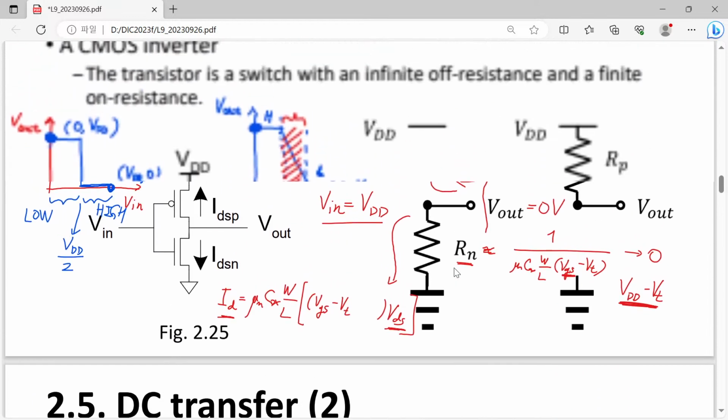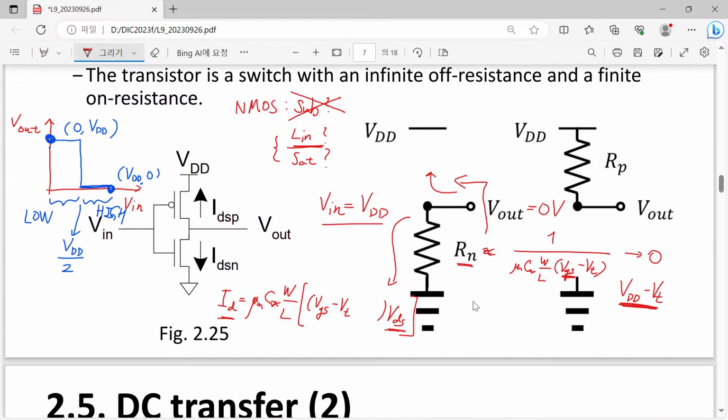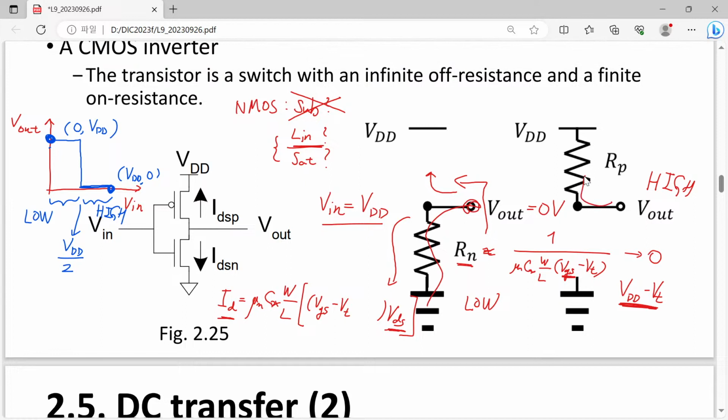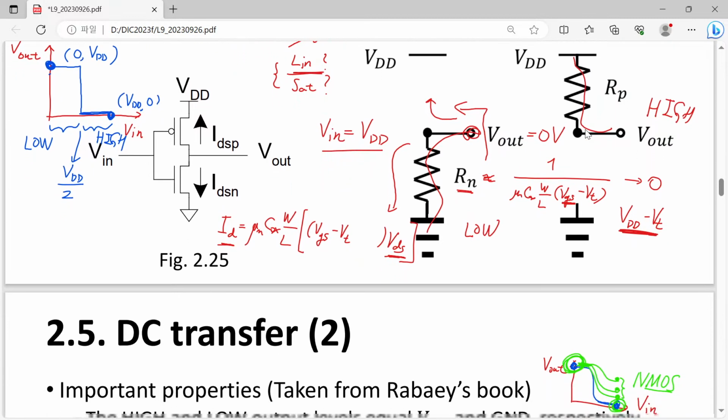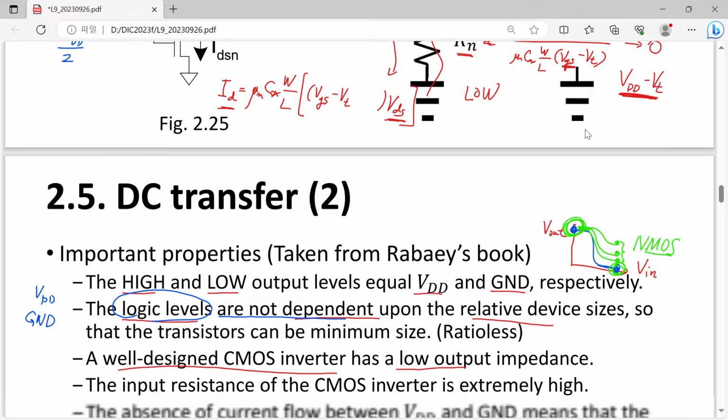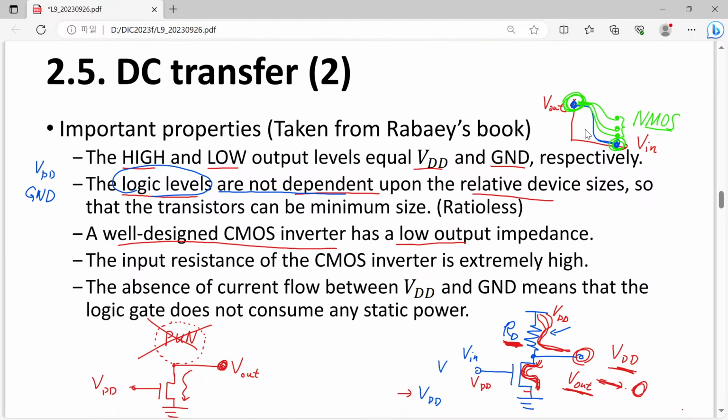In both cases, for example, this is output low and this corresponds to output high, we have a good connection from the output node to either ground or VDD. So from the impedance point of view, we have a good connection and low impedance, that is explained here.